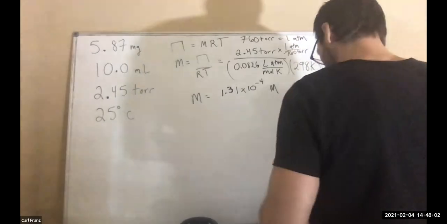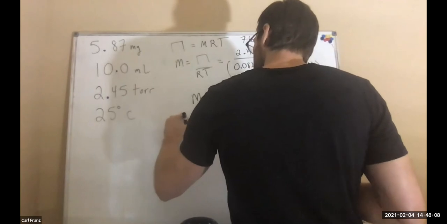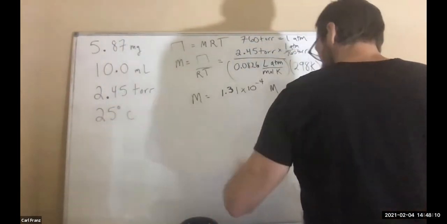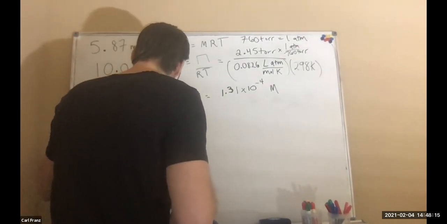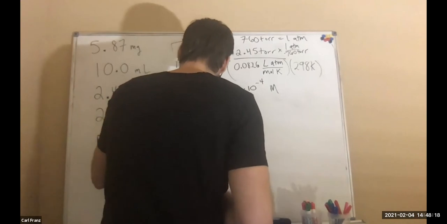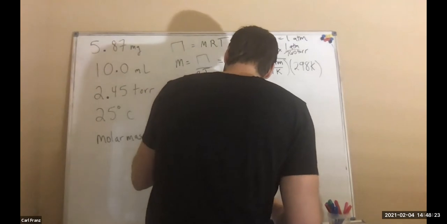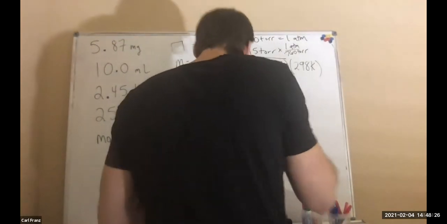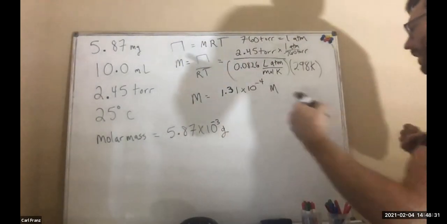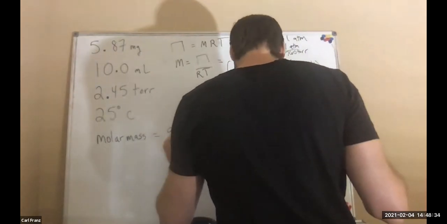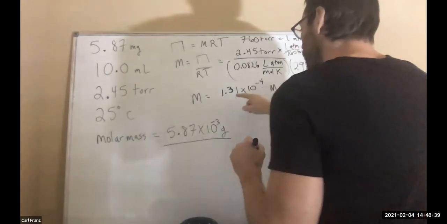So let's make it molar mass equals 5.87 times 10 to the negative 3 grams, right? Because it's in milligrams. So it'd be 10 to the negative 3 grams over our molarity.